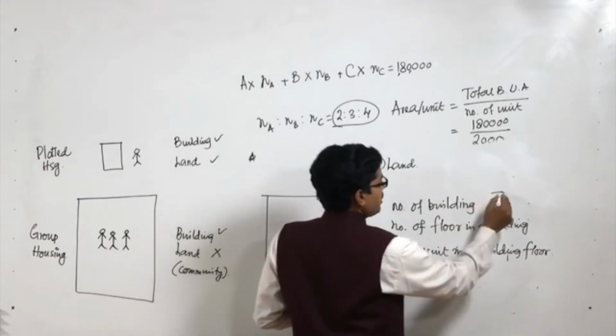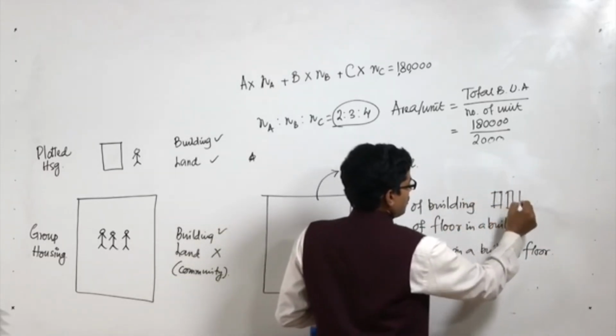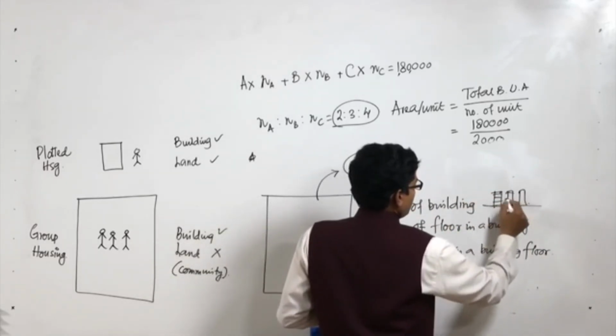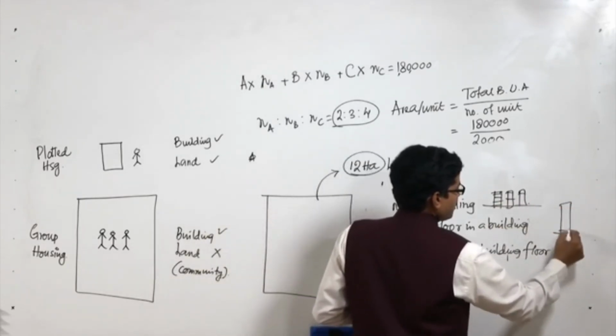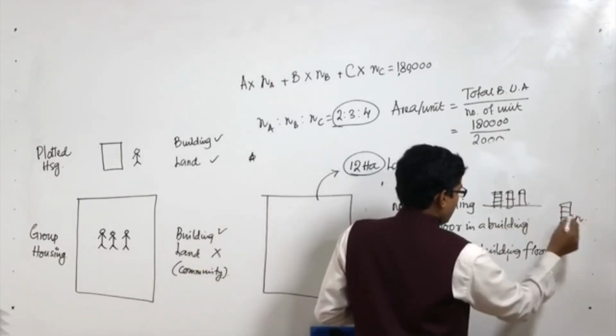This is the number of buildings, how many buildings will be there. Number of floors in a building: if this is one building, what is the floor number, n number of floors.